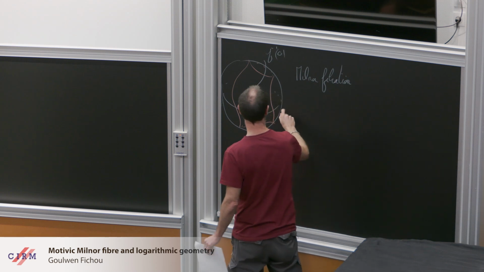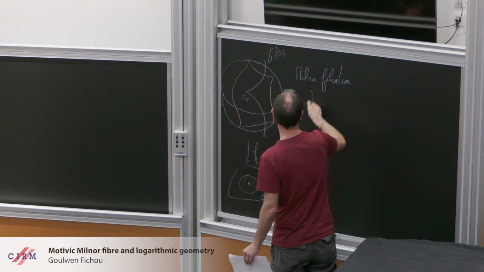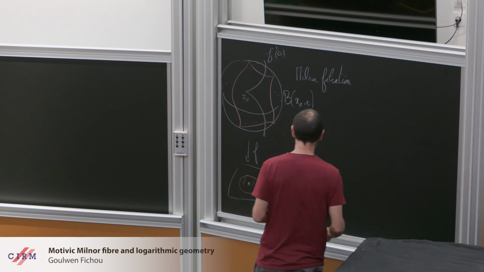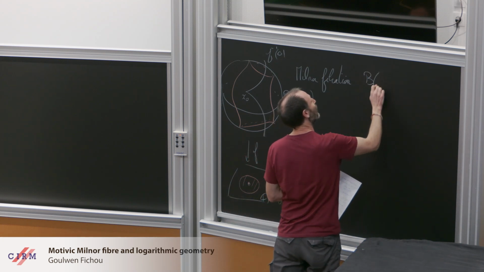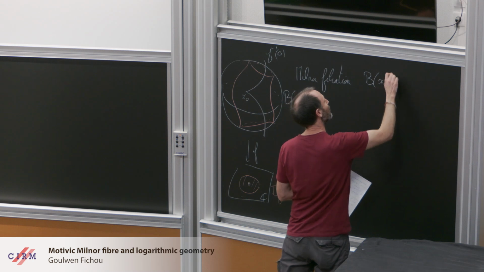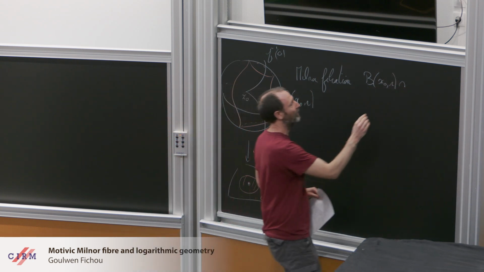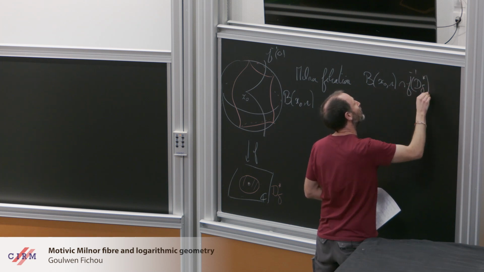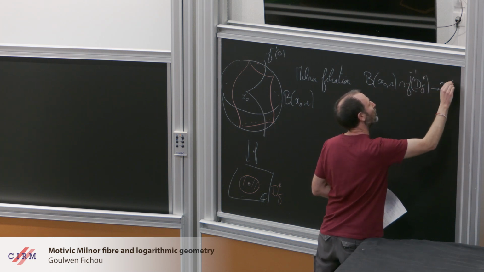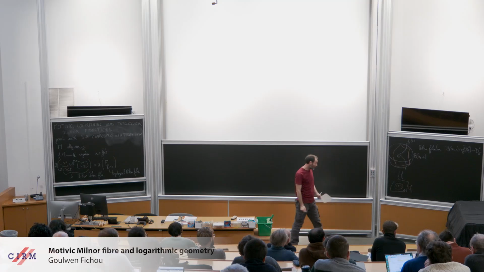So let's say some ball with radius r. And so we have a fibration from this ball intersected with the inverse image of this disk to the disk, for small enough r and delta.